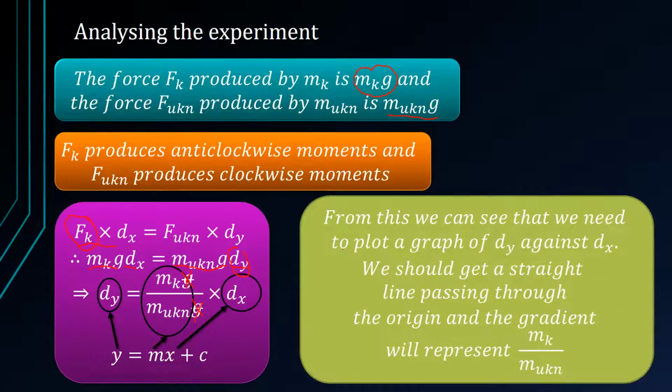So from this we can see that we need to plot a graph of dy against dx. We should get a straight line passing through the origin, because c has absolutely nothing to map onto in the equation. The line passes through the origin, and the gradient will represent Mk over Mukn.